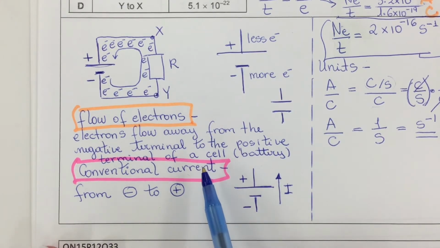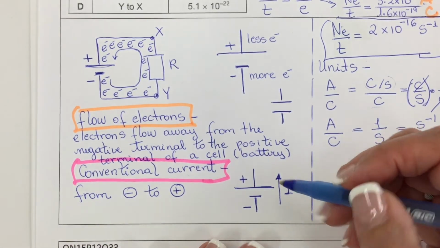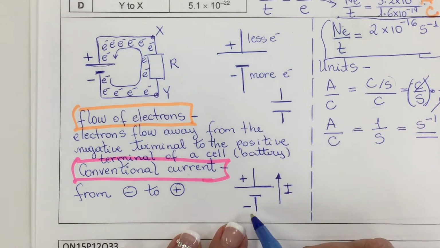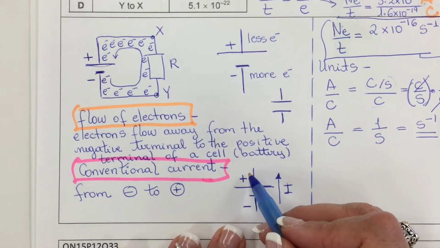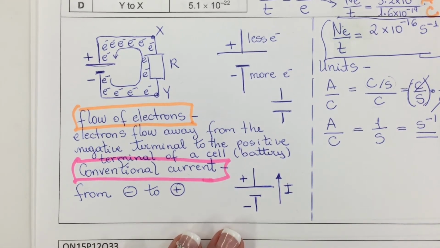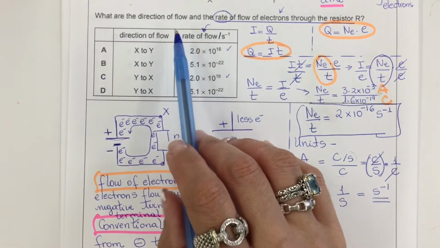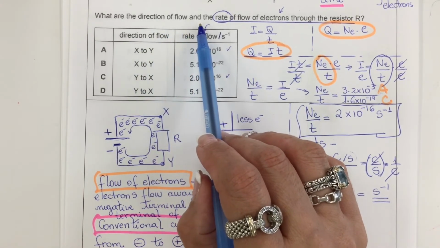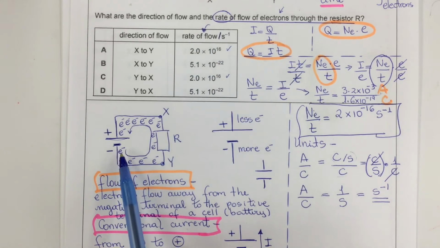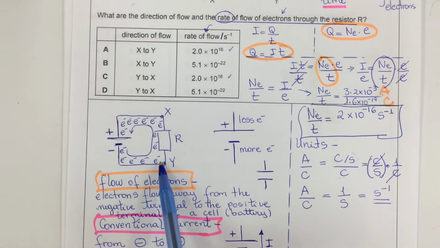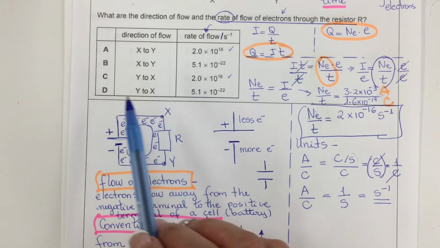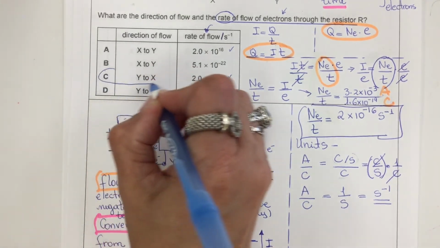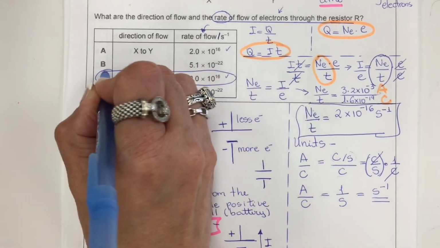The conventional current says the current flows in a closed circuit from the positive to the negative terminal of a battery. So to answer the first question, what is the direction of flow of the electrons? It's going through Y to X, and the option should be this one.